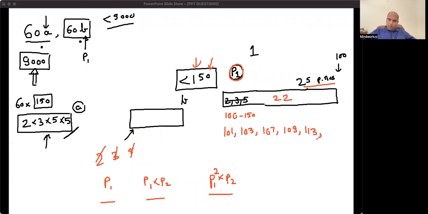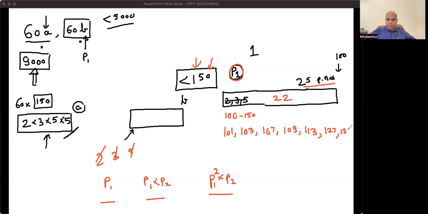What else? 121 is not prime, 123, 125, 127 is prime. It's not divisible by 3, not divisible by 5, 7, 11. Yeah, so that's 3, 6.